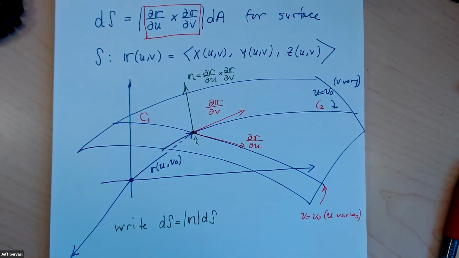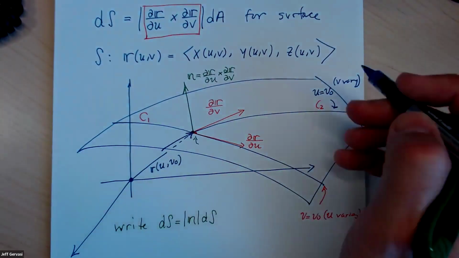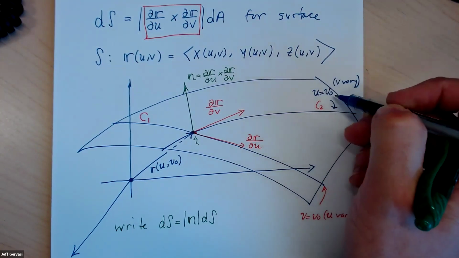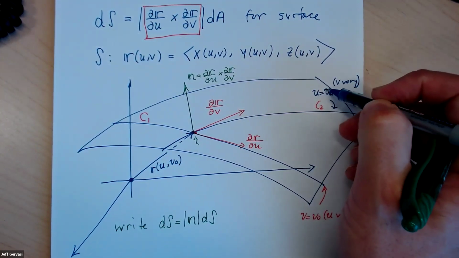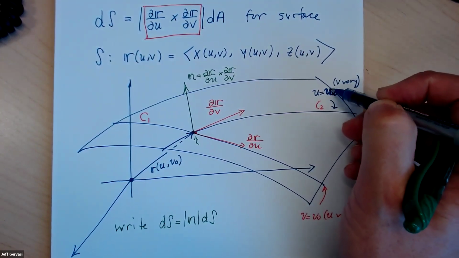Either I hold v fixed at v sub 0, in which case the vector will trace out a curve C1, something like this, or I hold u fixed, in which case v will vary. This should be a u sub 0 right here; it looks like v sub 0. Sorry about that, gang. That should be a u sub 0.